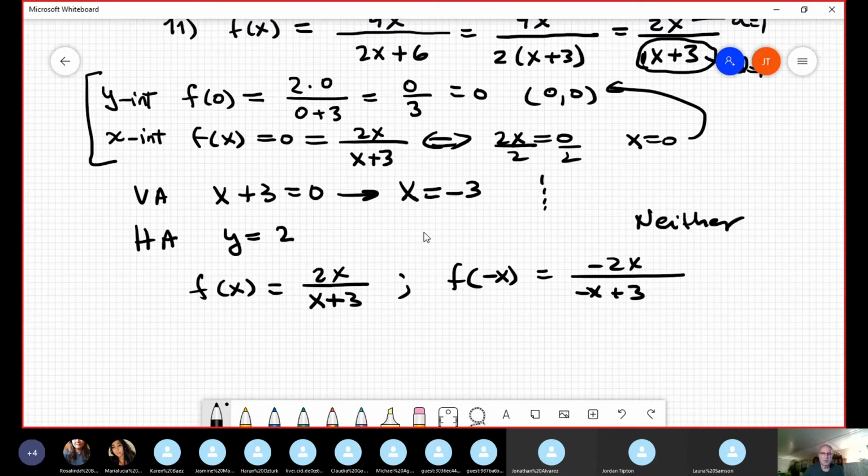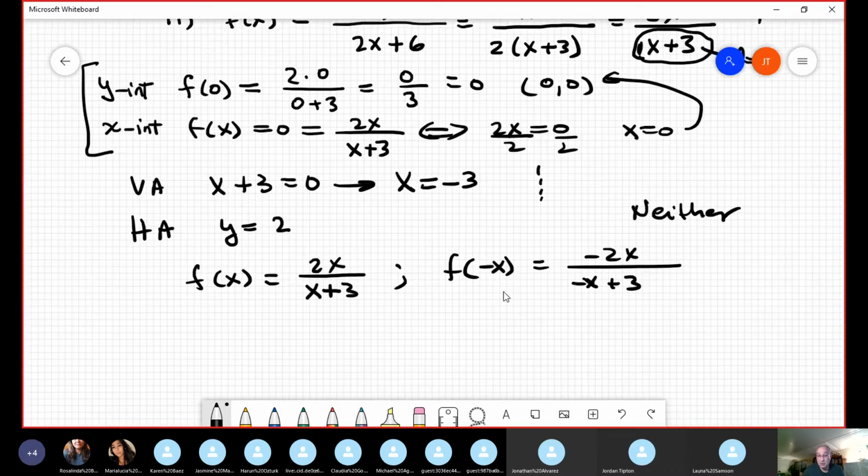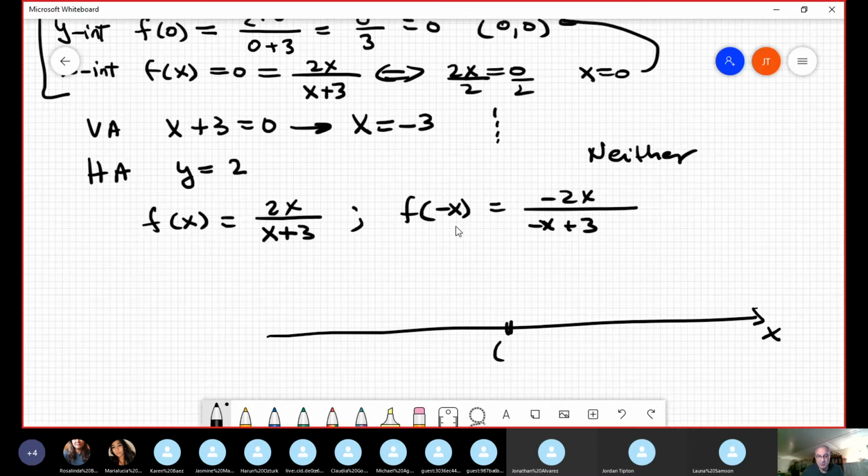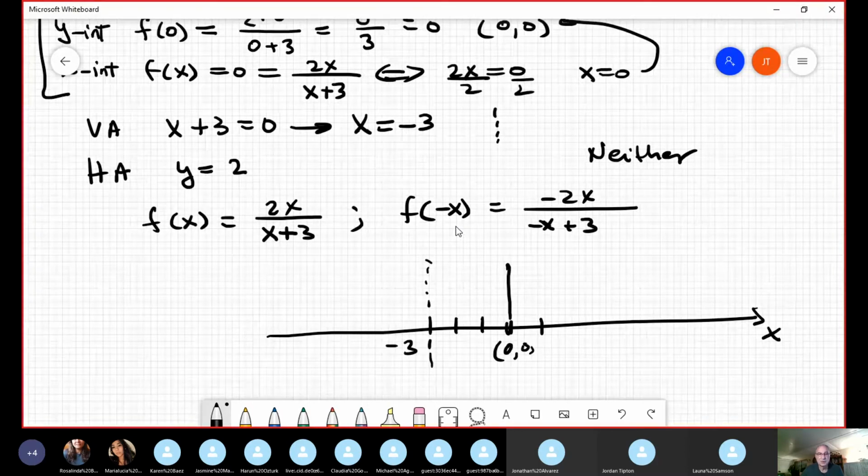Okay. One more piece of information. We need the additional points. Let me see, this is my x-axis. We discover one point here that is 0,0. This is my y-axis, but I don't care. 1, 2, and negative 3. We have the vertical asymptote, the horizontal is at 2, but I don't care.